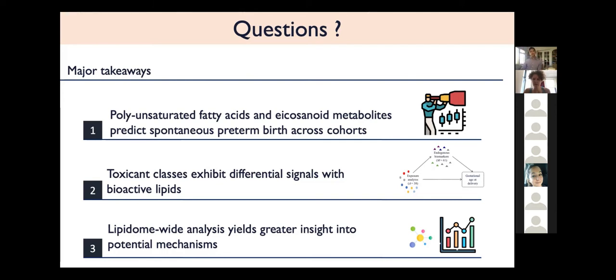Yeah, so far, the LIFECODES cohort is predominantly a white and higher-educated study sample, whereas PROTECT has different demographic features. They're a marginalized community, and we do see some evidence of different levels of these bioactive lipids.